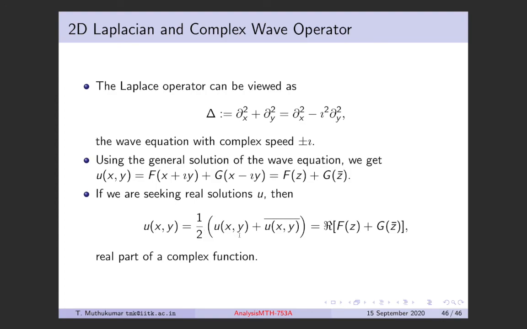If you take u bar here, it tells you it's the conjugate of the sum. So if you use this relation, you see that your real solution is nothing but the real part of this complex function.